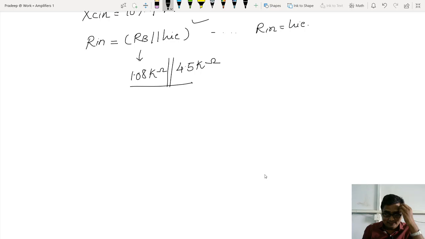Now if I consider RB and HIE and calculate the value of R in, then the value of XC in will be, okay, first we'll calculate R in.